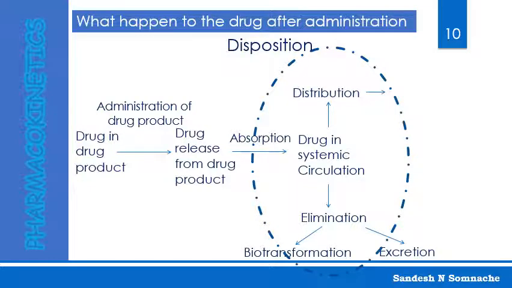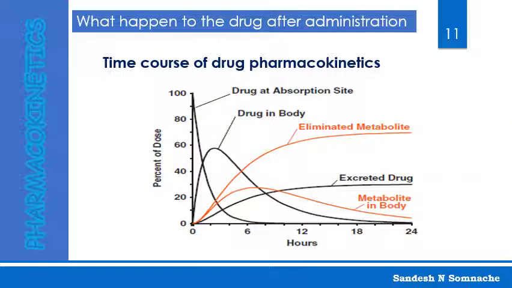Now, once the drug gets distributed to the peripheral tissues or to the target organ, it shows the desired pharmacological effects. We can see here the time course of drug, that is, if we plot percent of drug against time, we will get the following. Initially, at the absorption site, if we consider 100% drug labeled amount, then there is a decrease in the drug at the absorption site.